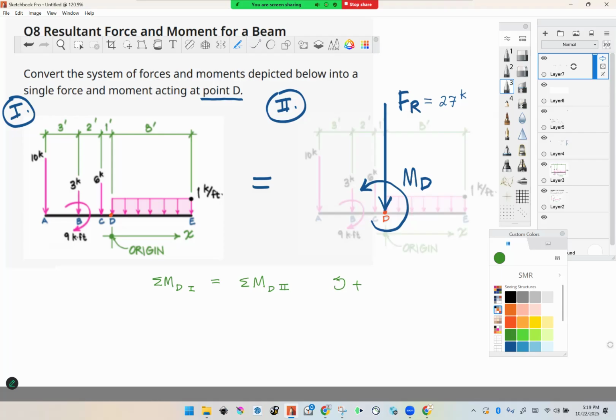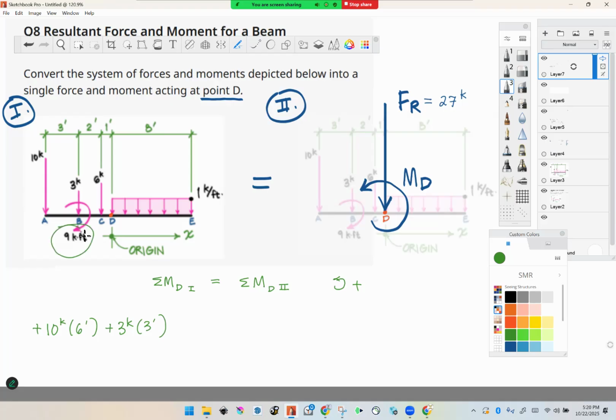All right, let's do it. Subsystem 1 on the left side of the equation, first term, 10 kip. Distance to D, 3 plus 2 plus 1 equals 6 feet. Sign positive for counterclockwise. Next term, 3 kips, distance from D 3 feet, sign positive.